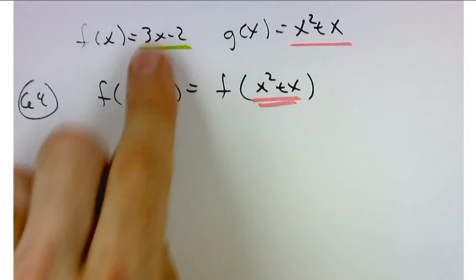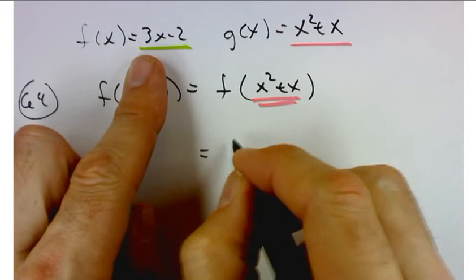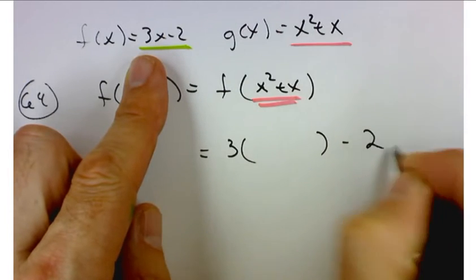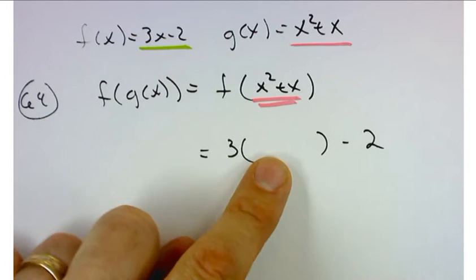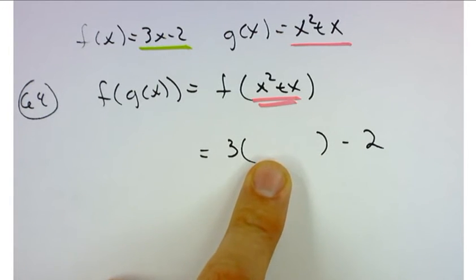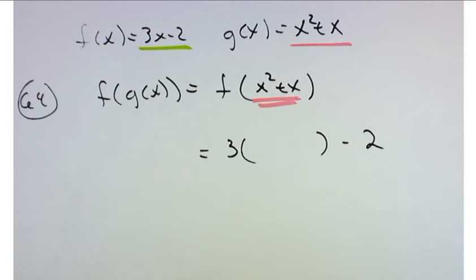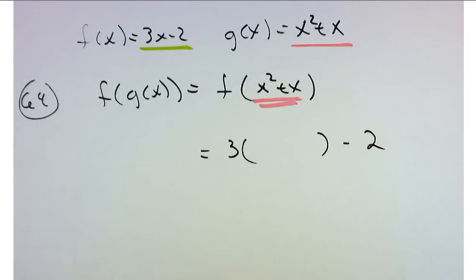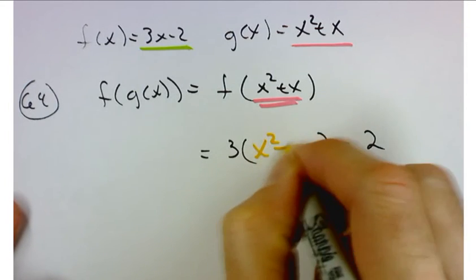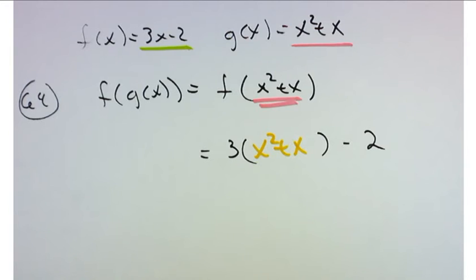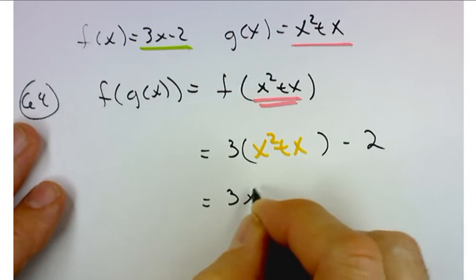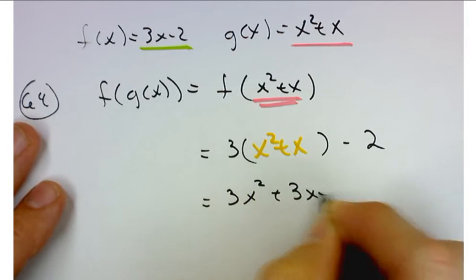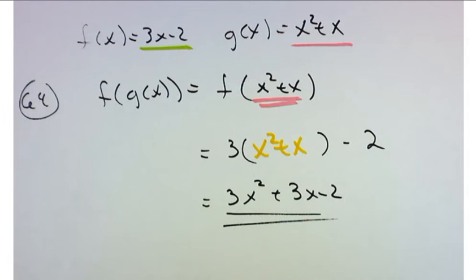Now what? Now go to the rule for f. The rule for f says take 3 times something and then subtract 2. Abdulaziz, what number am I going to put in here? Or what expression am I going to put in here? Yeah, x squared plus x. When you do that, the only thing left that we can do is distribute the 3. 3x squared plus 3x minus 2. And that's it. Done with that one.